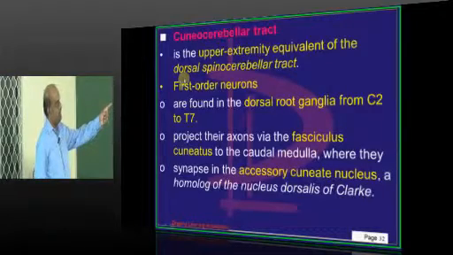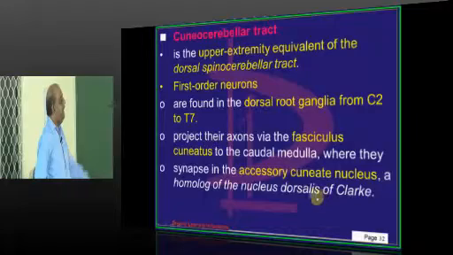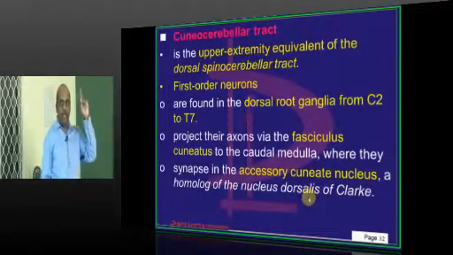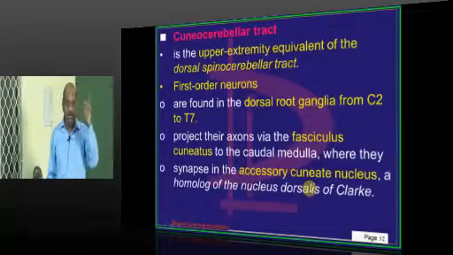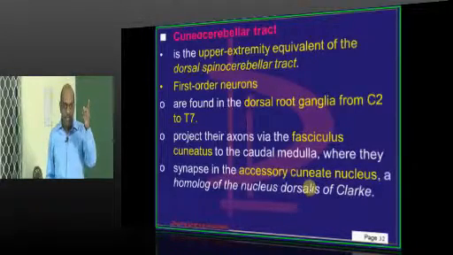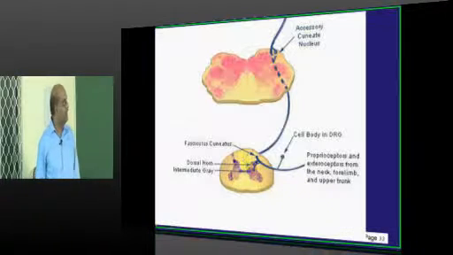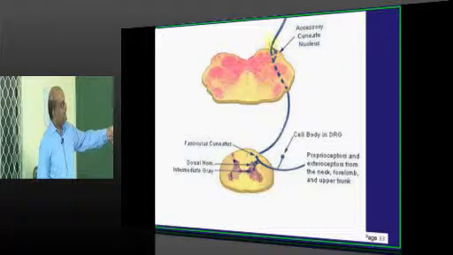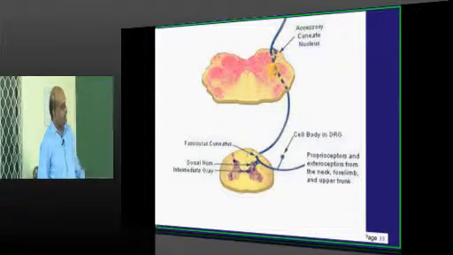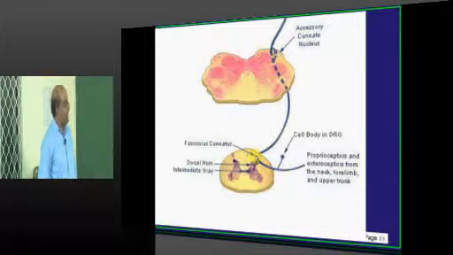Hence, the first order neurons are in the dorsal root ganglion, and just like the dorsal spinocerebellar tract has Clark's nucleus, the cuneocerebellar has the accessory cuneate nucleus. These are the proprioceptors coming from the neck, forelimb and upper trunk.